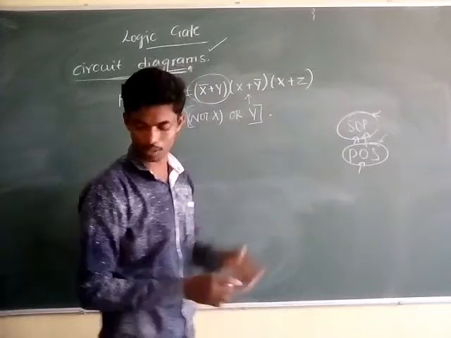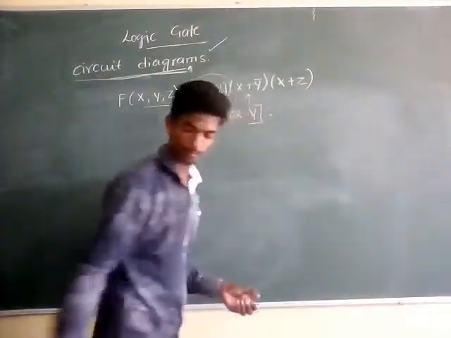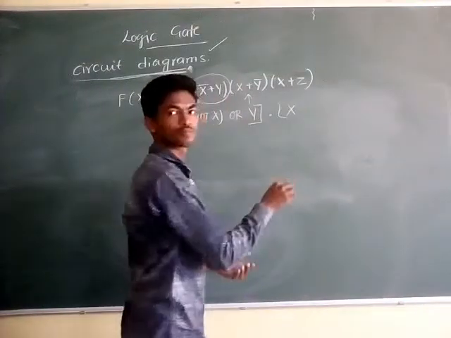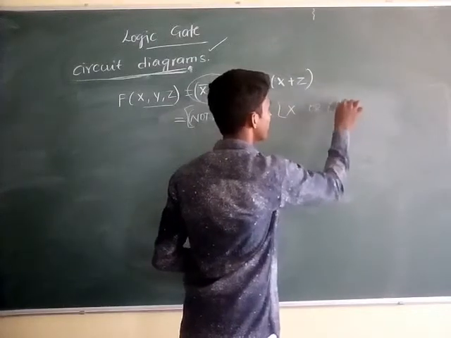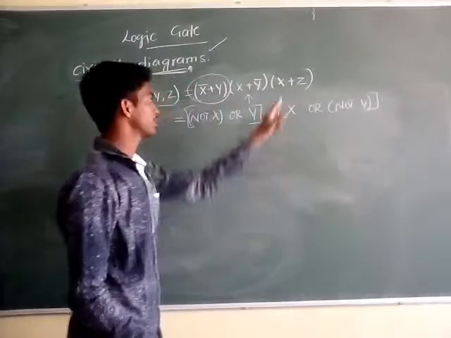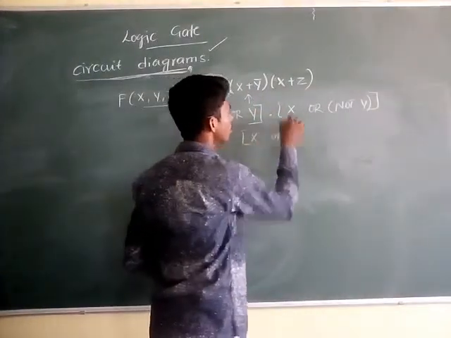I do not have much place here, so I am just writing the dot. Second one, X as it is, plus is there, for that OR, Y complement is there, for that NOT Y. Okay? Next, the third one is there, for that X OR Z.